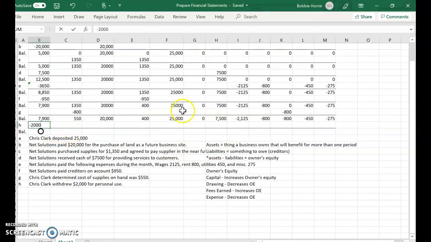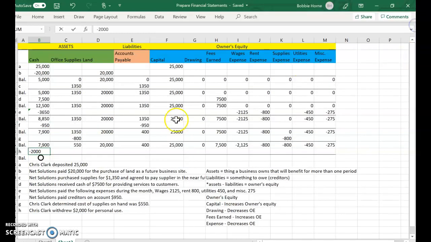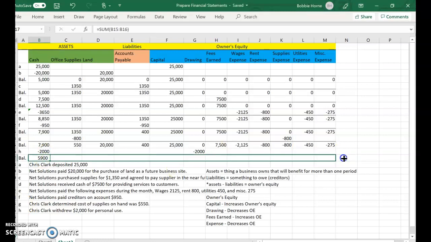And also the withdrawals would affect equity as a negative, so that would be a negative $2,000 to equity. And then we will copy all of our balances down.